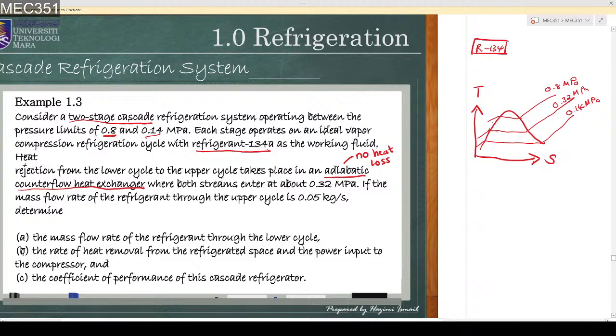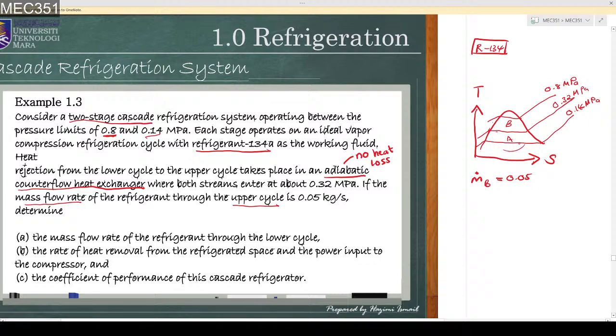If the mass flow rate of the refrigerant through the upper cycle is 0.05 kilogram per second, this mass flow rate flows in the upper cycle, which, if we put here is B and here is A, so the mass flow rate for B is 0.05 because here is the upper cycle and here is the lower cycle.